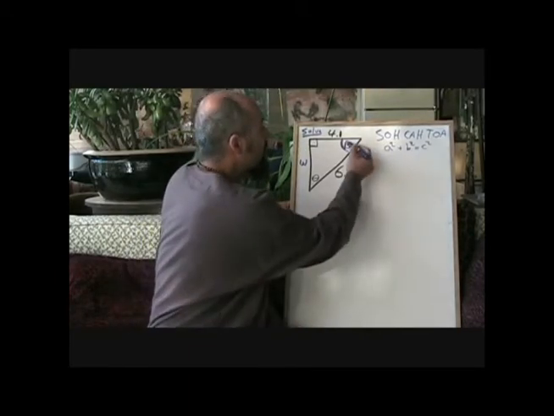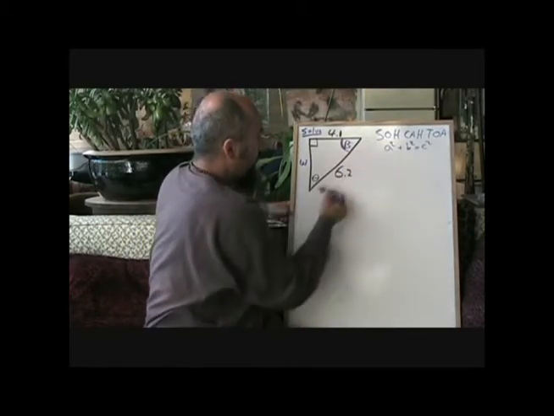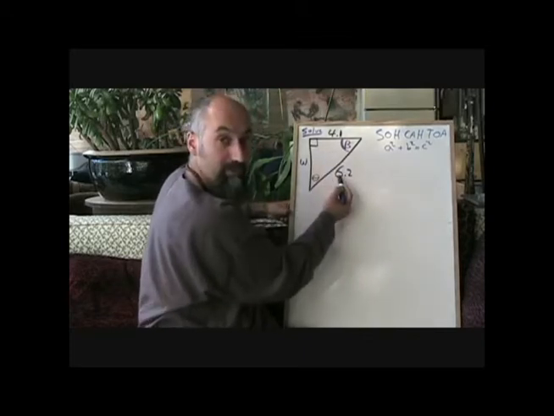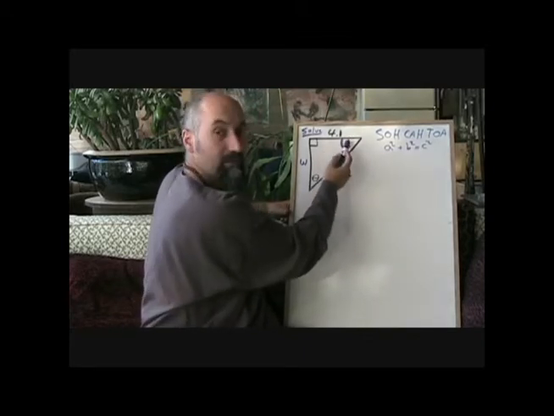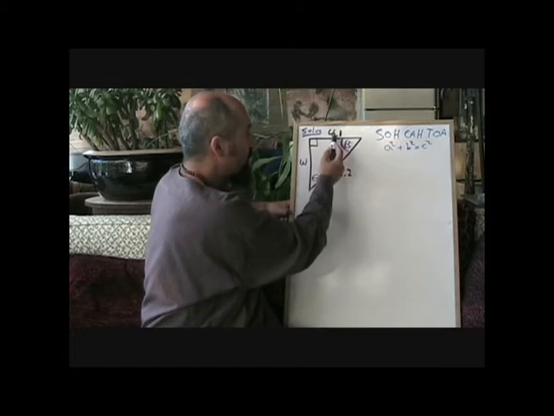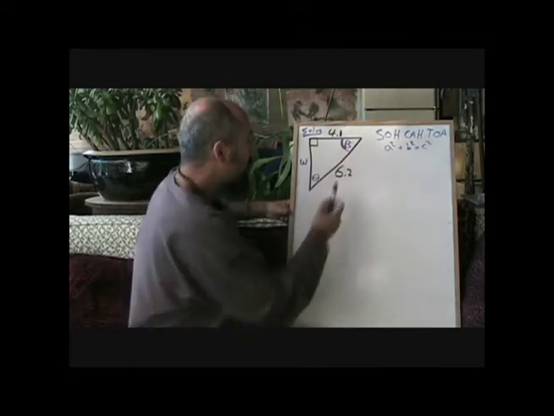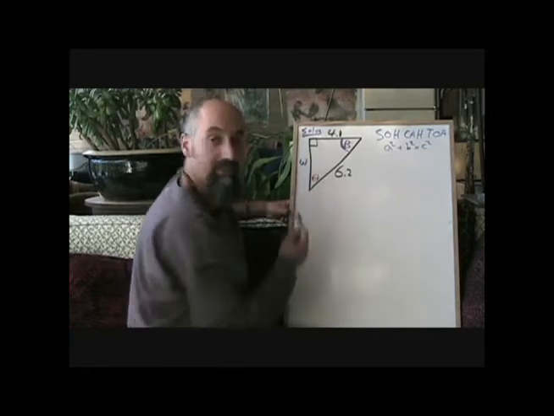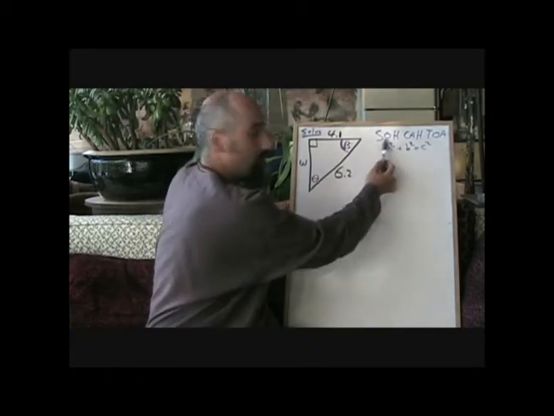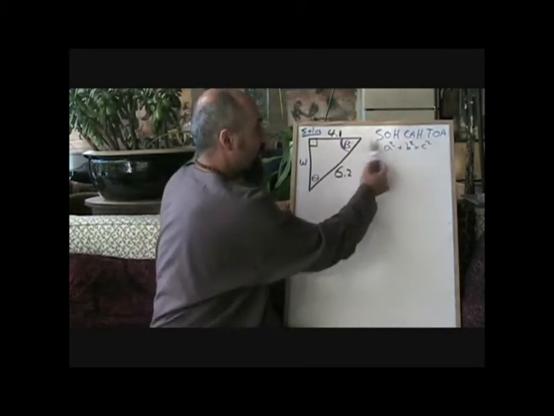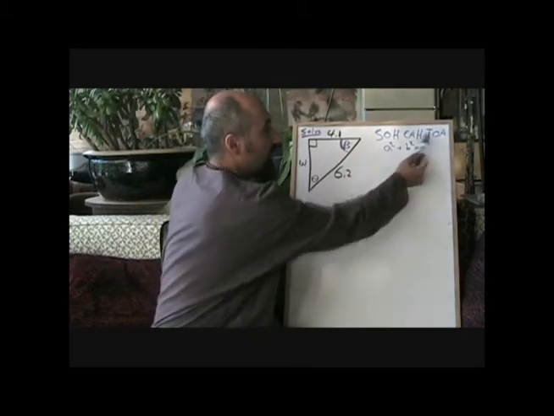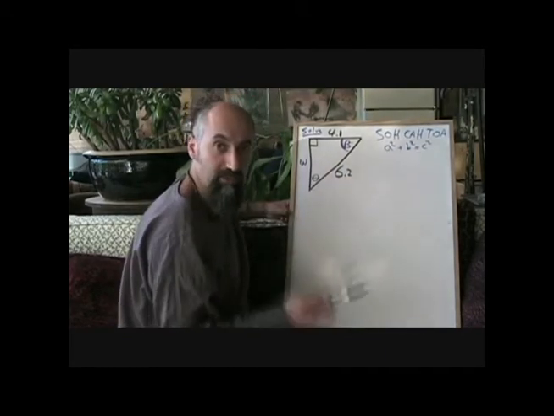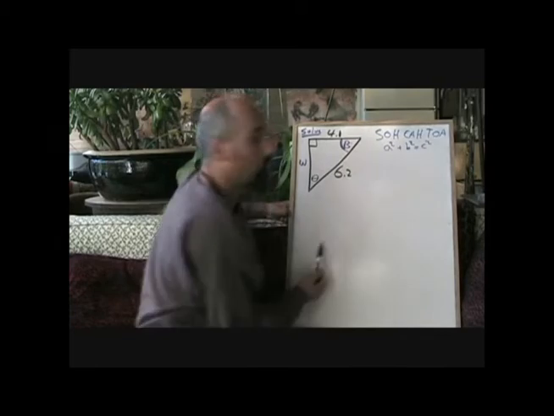If you're sitting at beta, you have the hypotenuse, which is across from 90 degrees, and you have the adjacent, which is 4.1. Those are the only two sides you have, and you're missing the opposite. So you can't use sine, because sine has an opposite of an angle, and you can't use tan, because tan has the opposite. So you're limited to using the cosine.